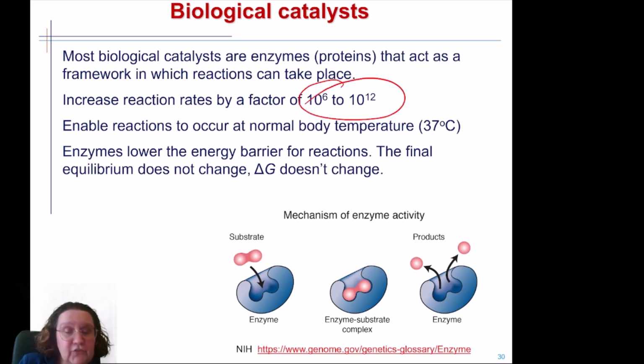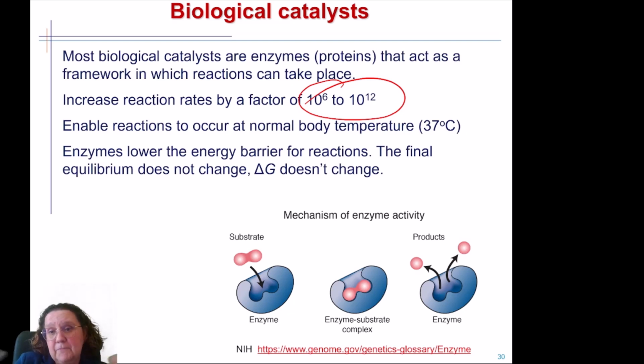As any catalyst, they just lower the activation energy. The final equilibrium doesn't change, delta G doesn't change, it doesn't make the reaction more or less spontaneous, it doesn't make it more or less endothermic or exothermic, it doesn't do anything about the thermodynamics, it's all about the speed of the reaction, because it's about the energy barrier, that activation energy. It provides an alternative pathway that has a lower activation energy, so the reaction goes faster.